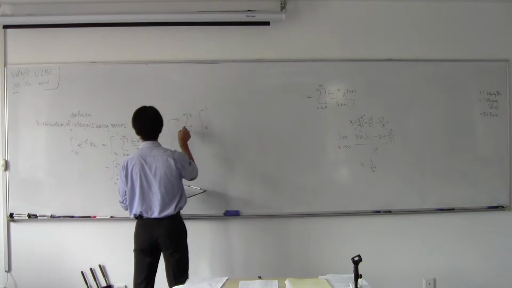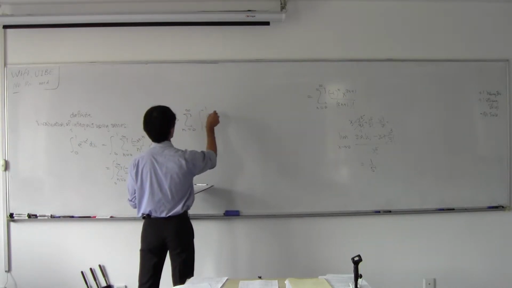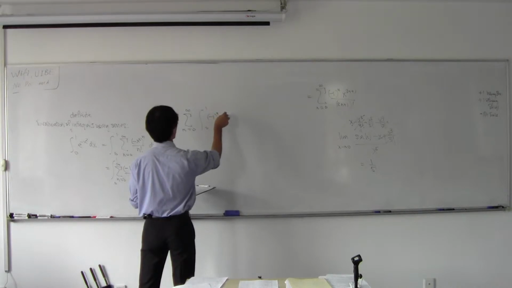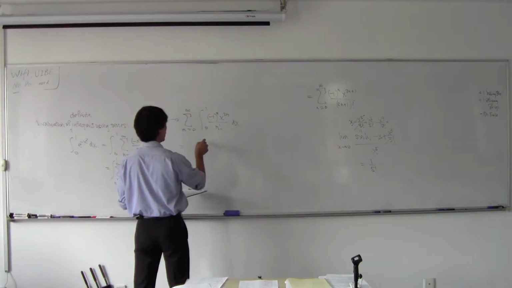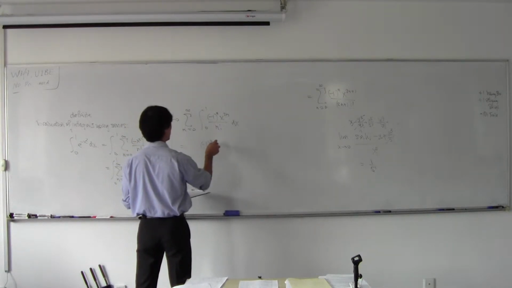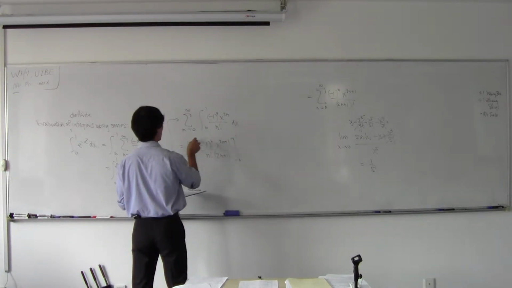We get the sum of the integrals from 0 to 1 of negative 1 to the n x to the 2n over n factorial dx. And so what's that? That's negative 1 to the n x to the 2n plus 1 over n factorial times 2n plus 1, evaluated between 0 and 1, and summed from 0 to infinity.